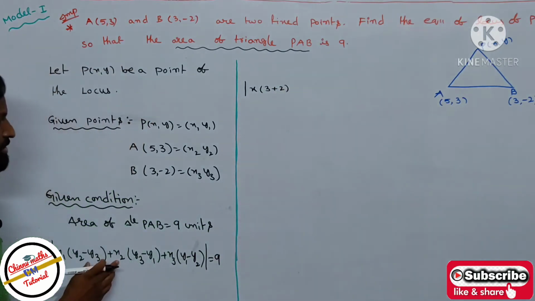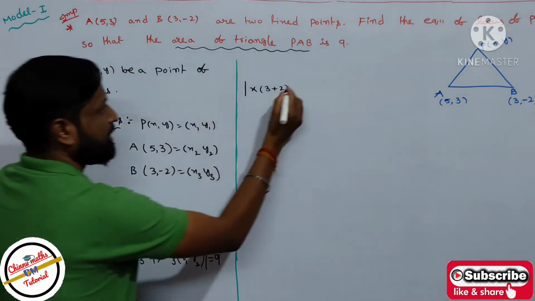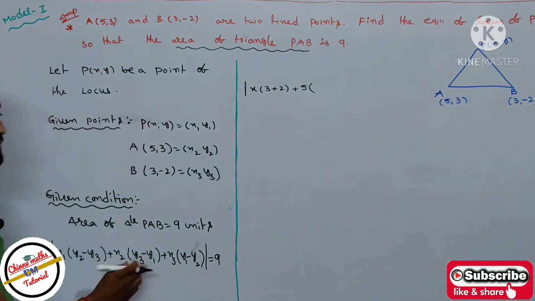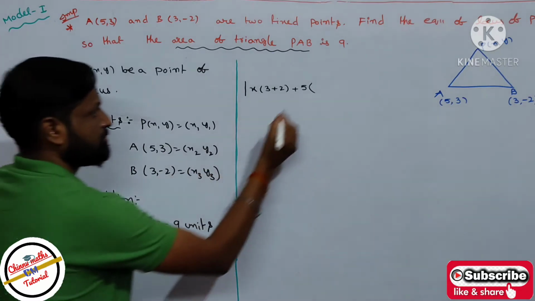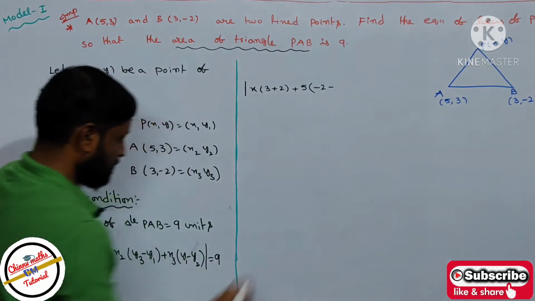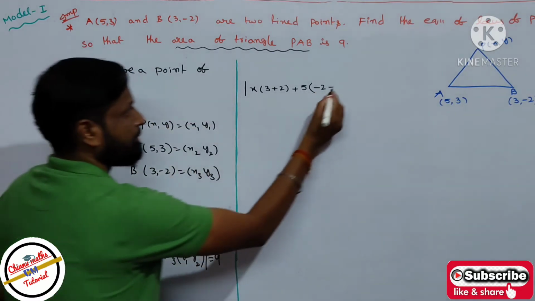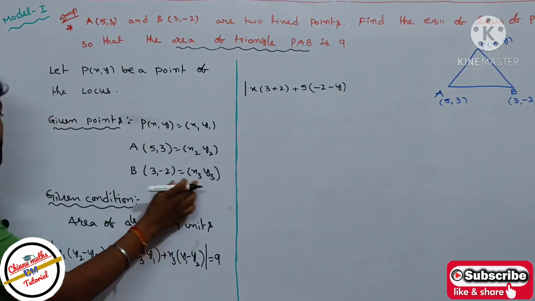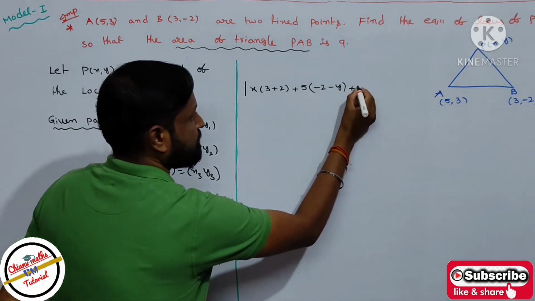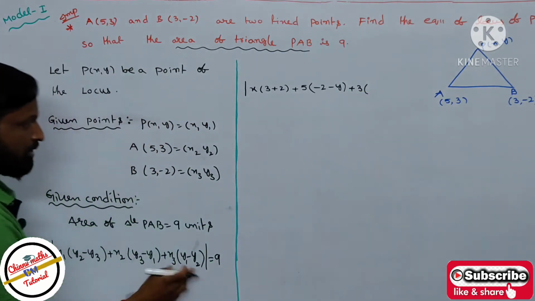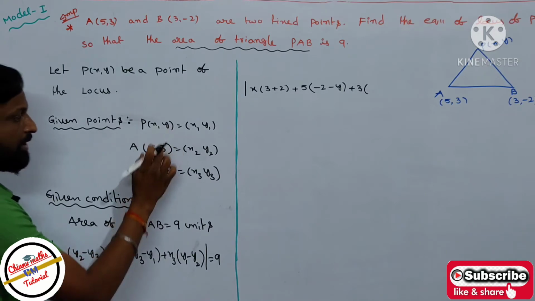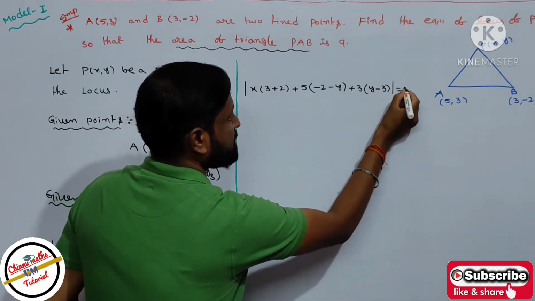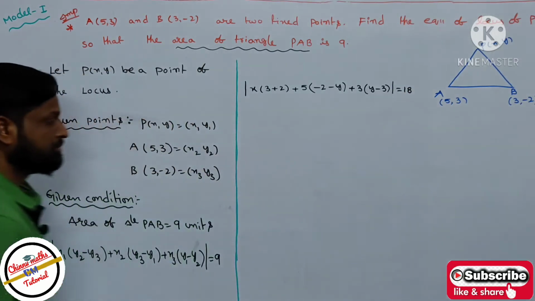Next, plus x2, what is our x2 value? 5, plus 5 into (y3 minus y1), y3 value equal to minus 2 minus y1 value equal to y. Next, x3, what is our x3 value? Plus 3. Next, y1 minus y2, y1 value equal to y minus 3.